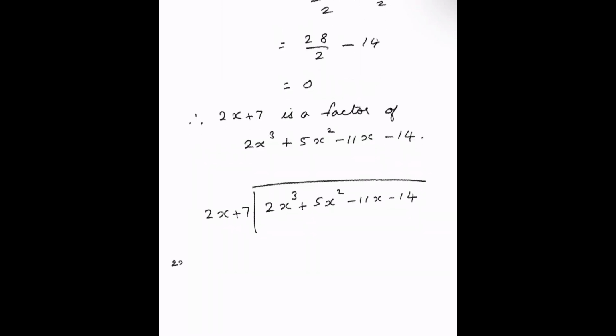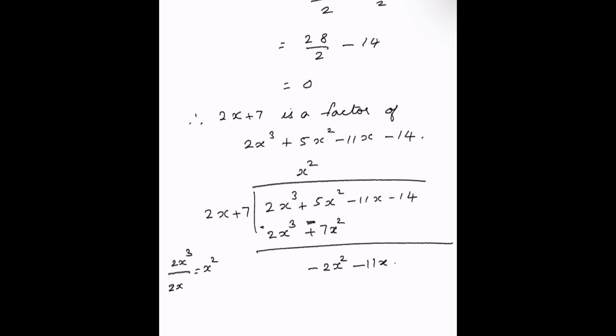So how do you do it? Take 2x cube divided by 2x. I am getting x square. So take that x square in the quotient side. Then x square you multiply with each and every term of the divisor. So this gives me 2x cube plus 7x square. Subtract. I get minus 2x square minus 11x.